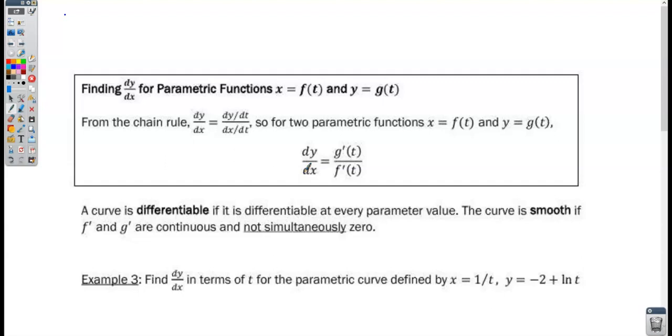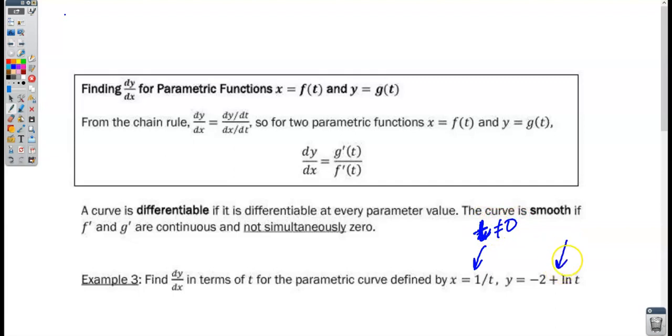Something else that you need to be aware of, which I'm not going to talk about a whole lot, is that the domain of this parametric curve is the intersection of the domains of the two equations. So for instance, when we get to example 3, the domain of x is that t can't be equal to 0.